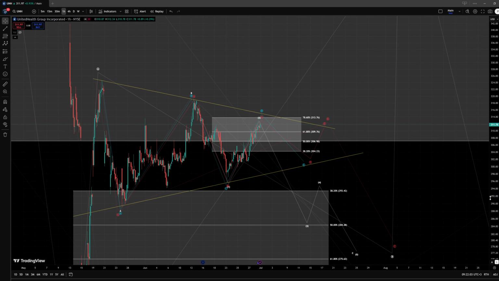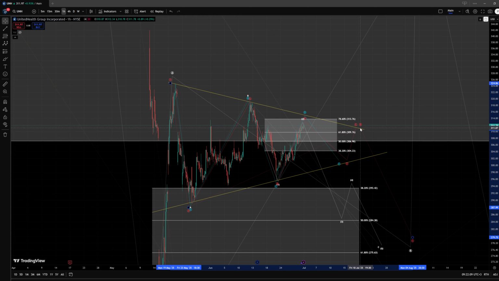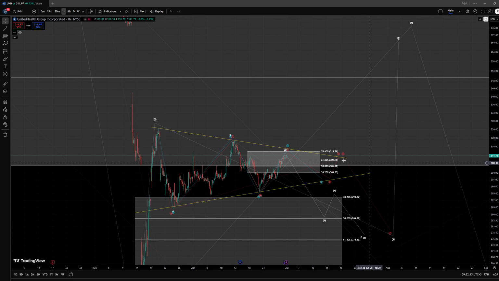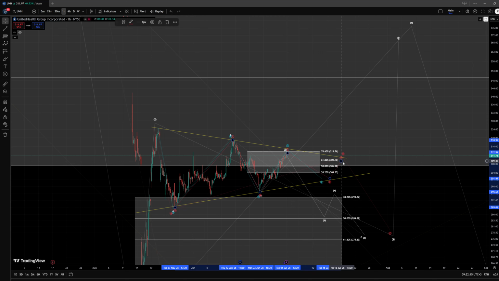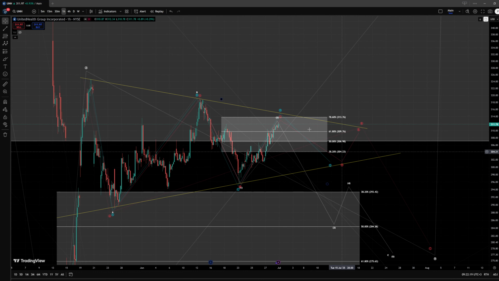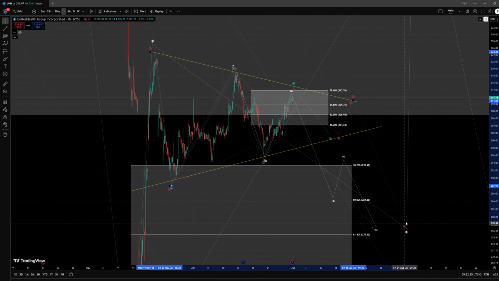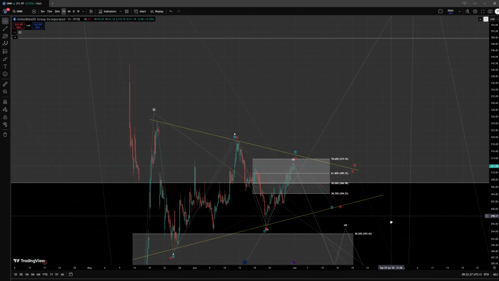Well, that leaves us with little certainty, and that's the unfortunate part of triangles. We don't know if we are going down or up at the end of the triangle. We can only track the levels that it should follow, and the fortunate thing is that we may still get into this support zone, but not necessarily.